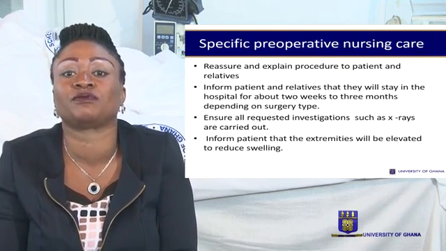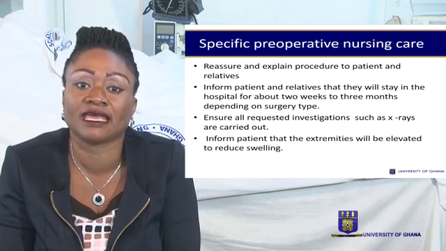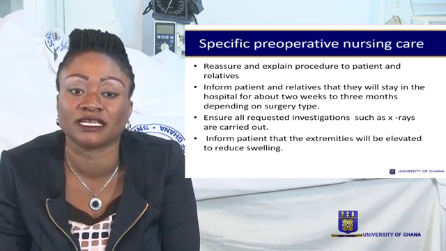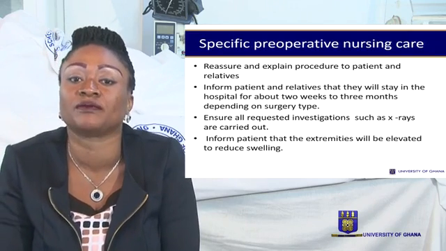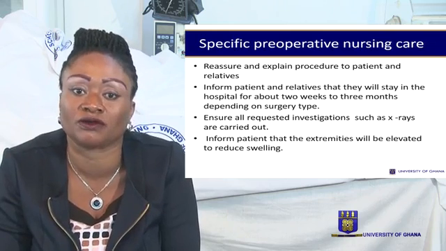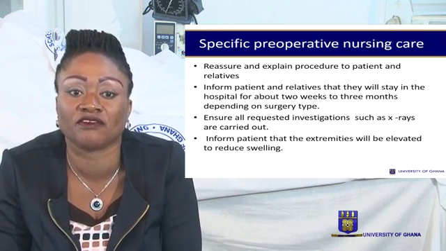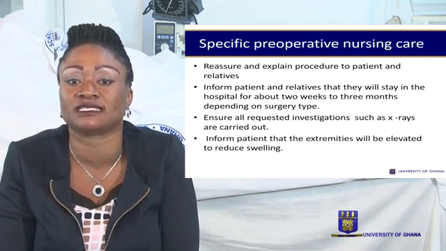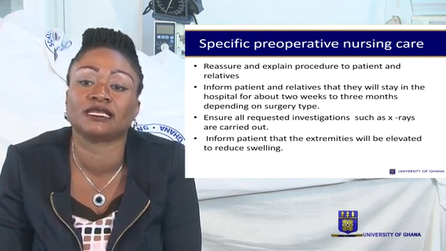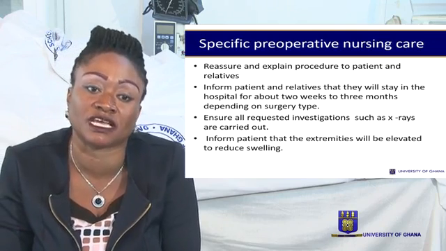Now the specific preoperative nursing care. The patient or the child's mother, if it's a child, needs to be reassured, and the procedure needs to be explained to them. Inform patient and relatives that they will stay in the hospital for about 2 weeks to 3 months, depending on the type of surgery.